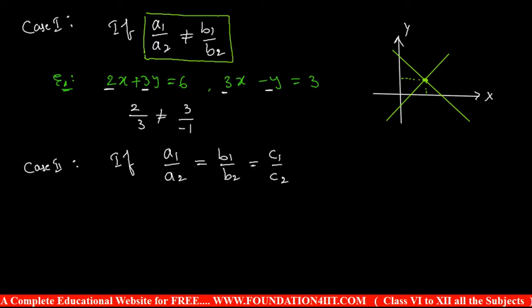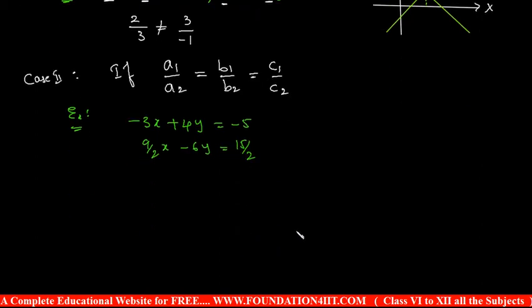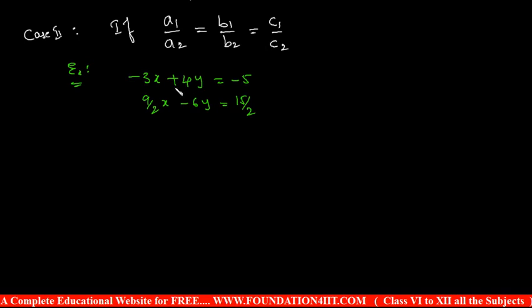Let me explain with an example. For example, take minus 3x plus 4y is equal to minus 5, one of the linear equations, and one more is 9 by 2 x minus 6y is equal to 15 by 2. Now let us check a1 by a2.